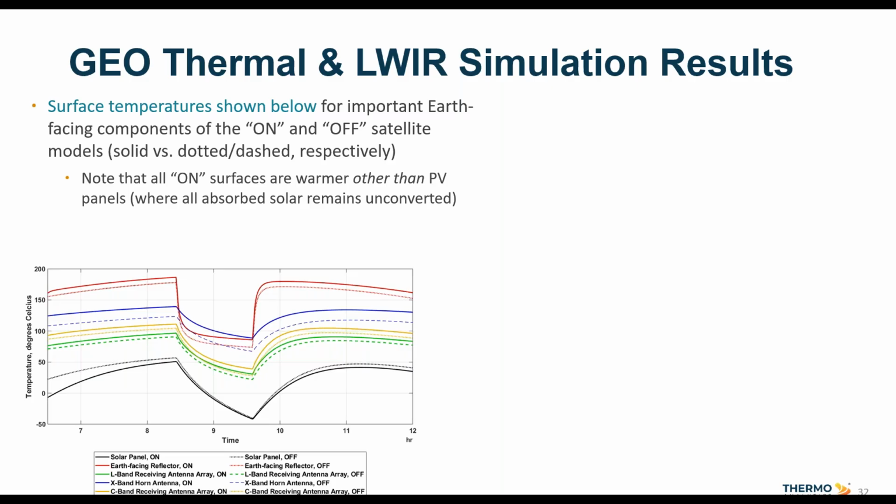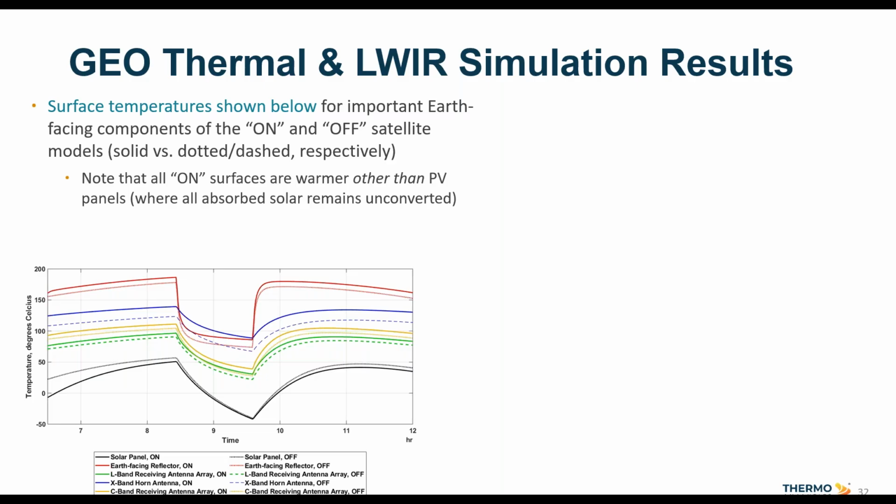The reason for that is that when the satellite is operating, the solar panel is converting absorbed solar energy into electrical power, and that's being done at some efficiency, some non-zero efficiency, which we've discussed before. When the components are off and the solar panels are not generating any power, their efficiency is effectively zero.